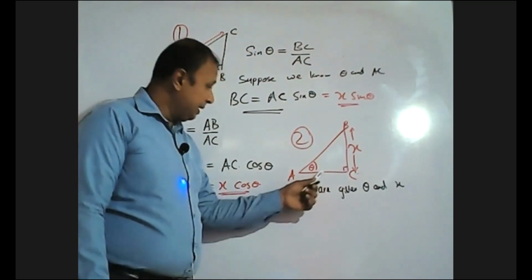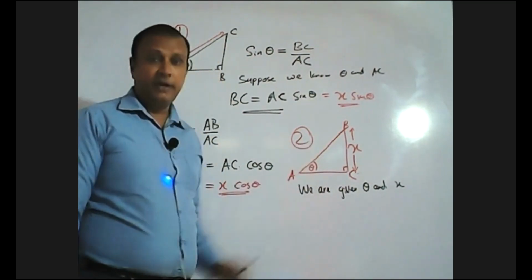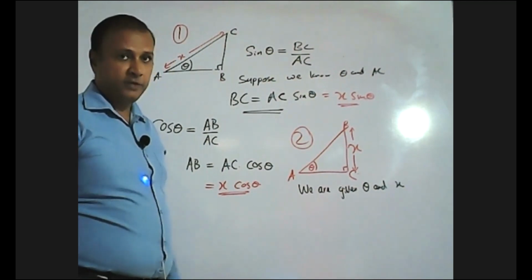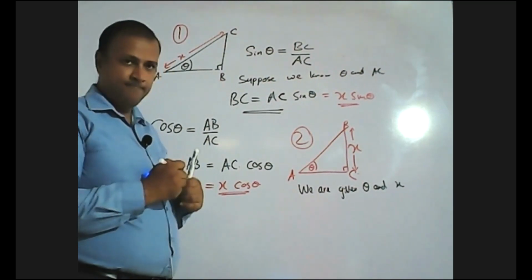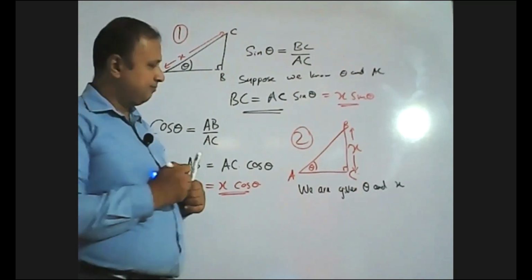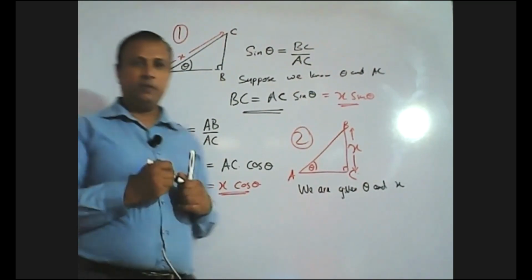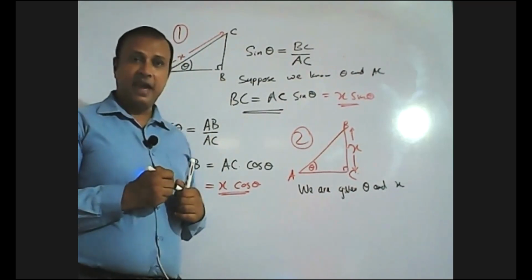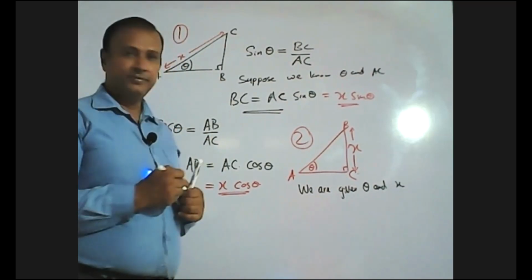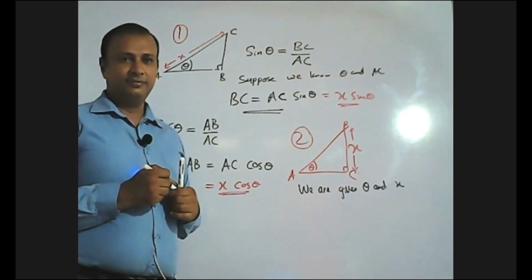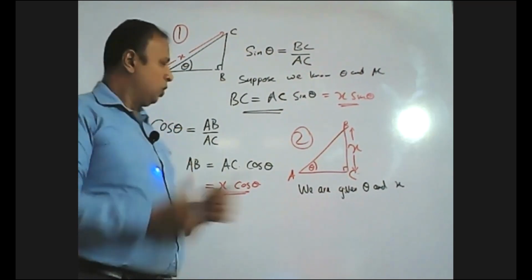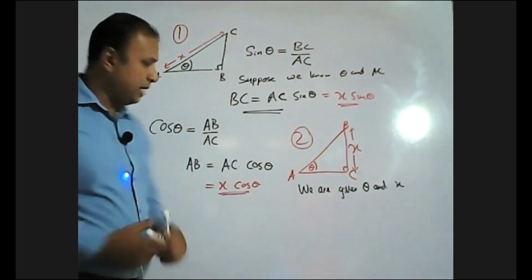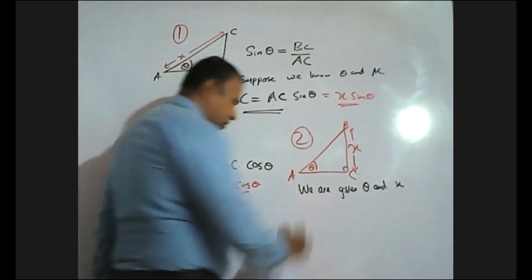The other two sides mean the adjacent side and the hypotenuse. How to find those? Can you give me any proposal? How to find the adjacent side and the hypotenuse? If you know theta and x, you can use the tan definition.